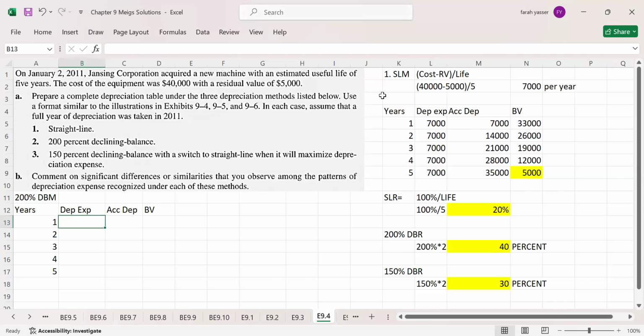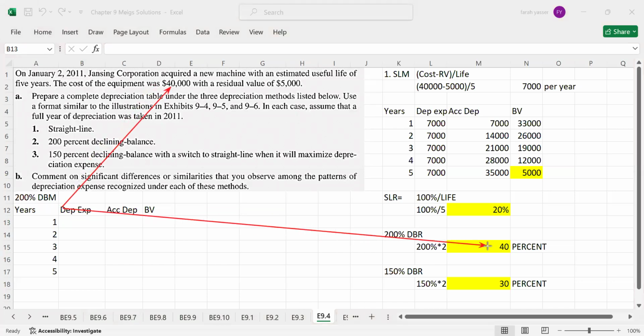In the first year we take cost, because we cannot calculate book value in the first year. The cost is 40,000 and the rate is 40%.